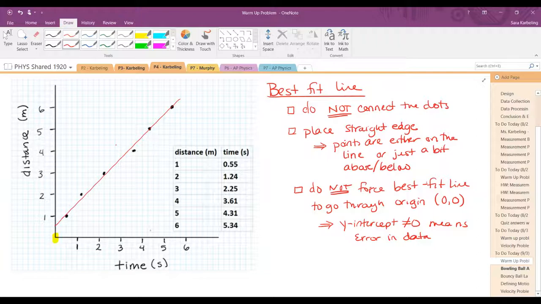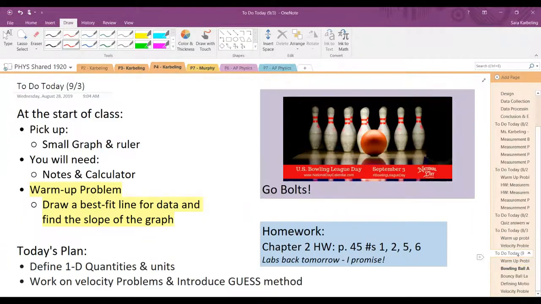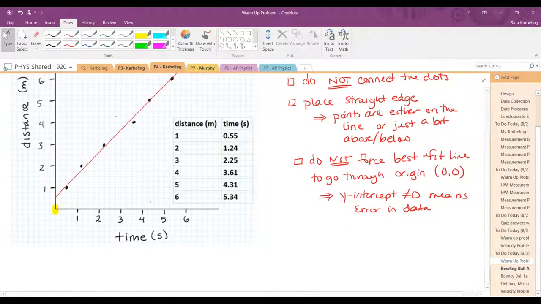What are we doing next? What did the next part of that instruction say? Not only to draw the best fit line, but also to find the slope. Do y'all know how to find slope? Maybe. It's been a while, maybe? Let's write some stuff down. Look at you all reciting your linear equations.